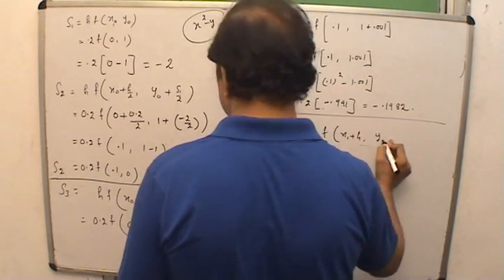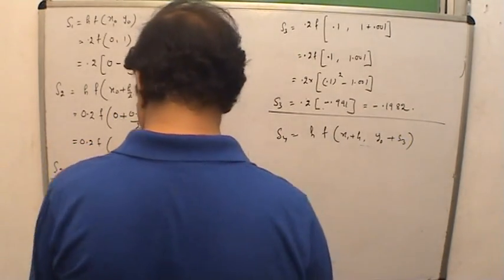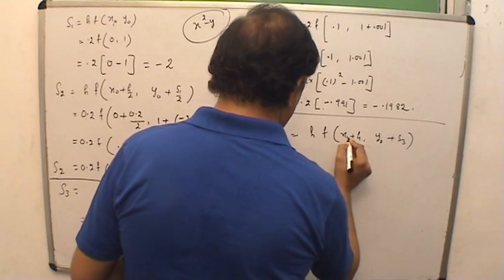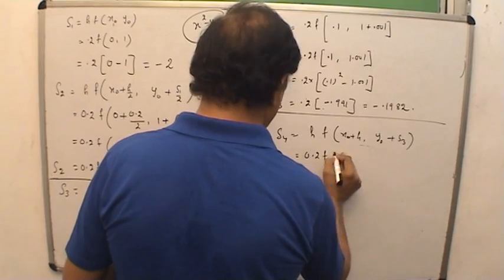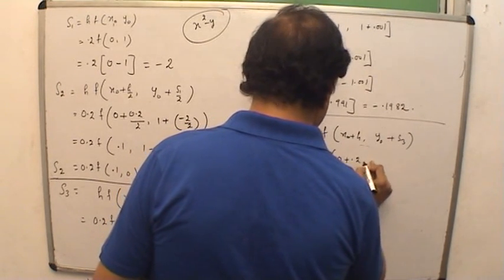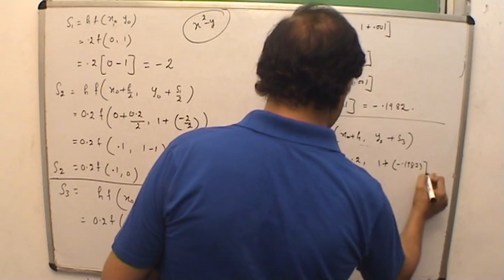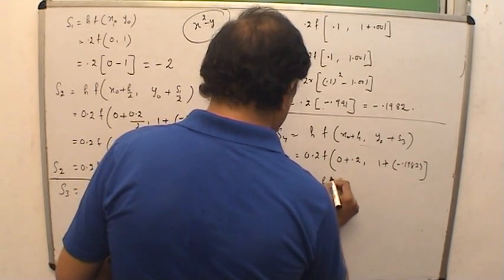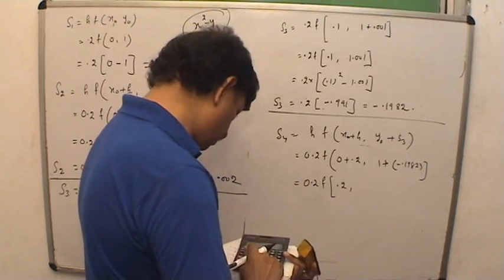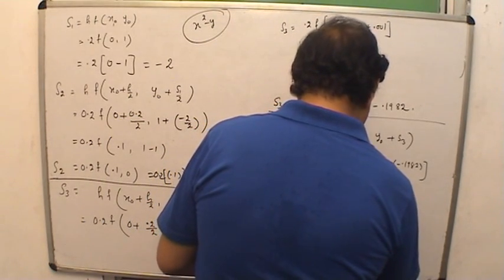Now we look for S4, and S4 is equal to h times f of x0 plus h, y0 plus S3. That is 0.2 into f of, and x0 was, in the starting, I think it was 0 plus h 0.2, and y0 was 1 plus S3 minus 0.1982, that is equal to 0.2 into f of 0.2 comma 1 minus 0.1982, that is 0.8018.